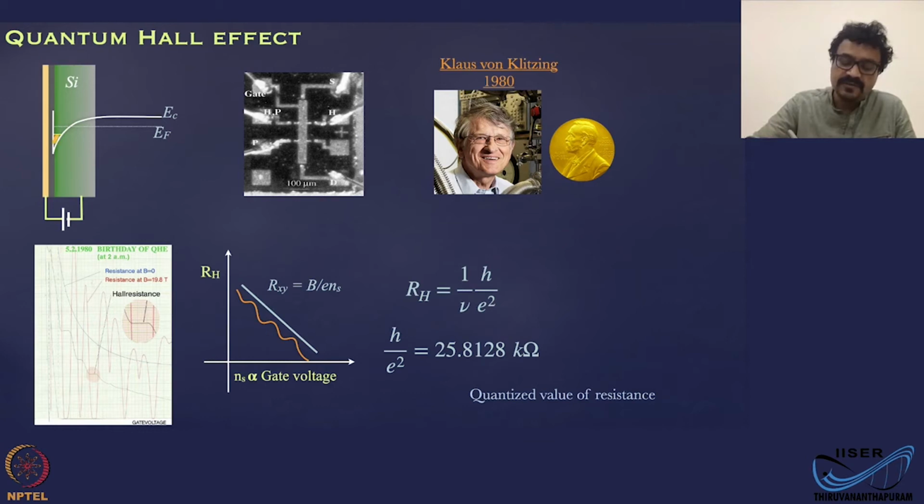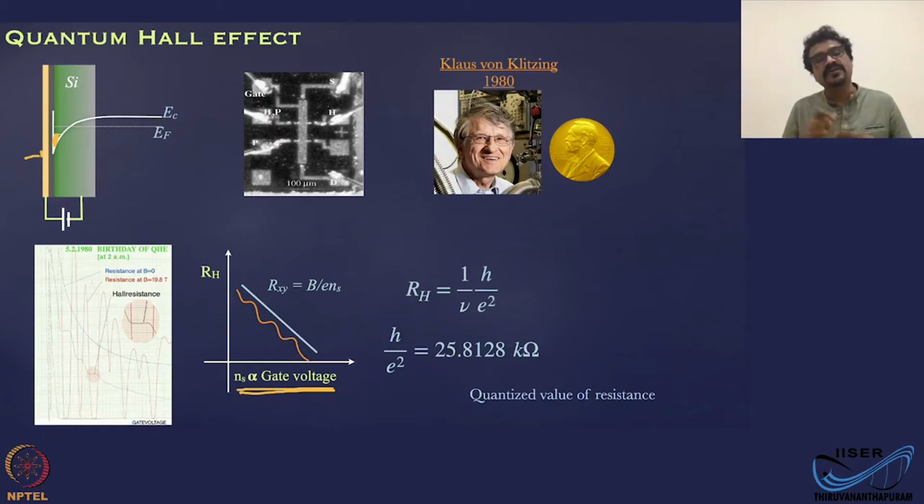Okay, so you have carriers in this well, and you are going to change that carrier concentration, which I have labeled NS, which is linearly related to the gate voltage. You can think of it like a capacitor, where you are applying a voltage on this capacitor plate, and the second plate of the capacitor is the two-dimensional electron system. So the number of electrons, which is the charge Q on the capacitor plate, is basically proportional to the voltage on the capacitor plate, that is the gate voltage.